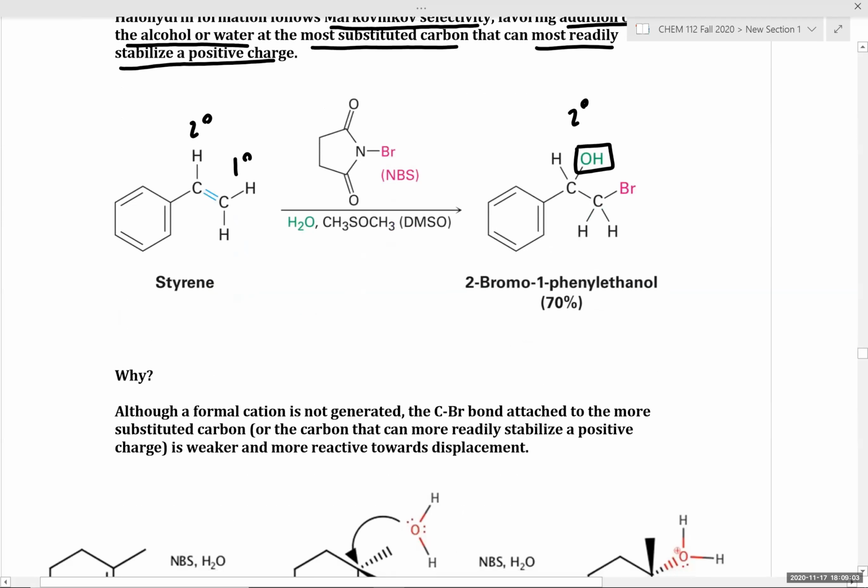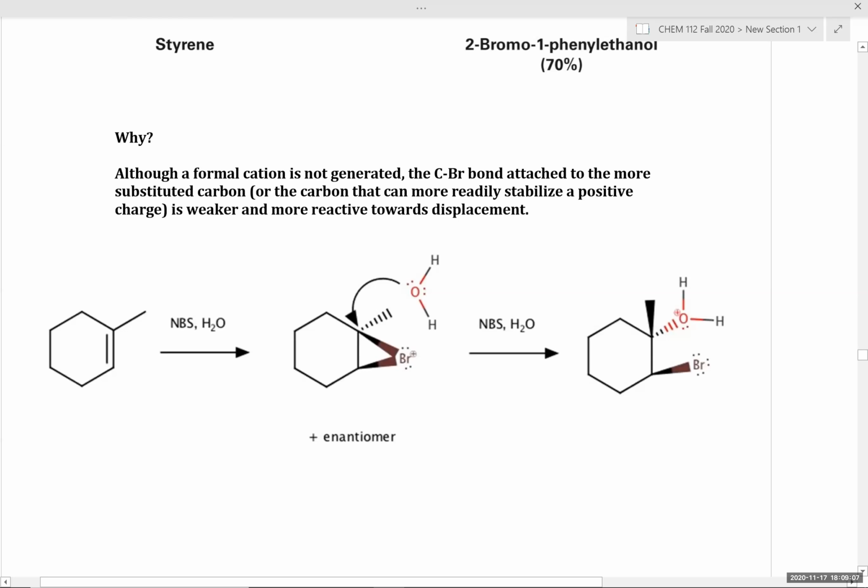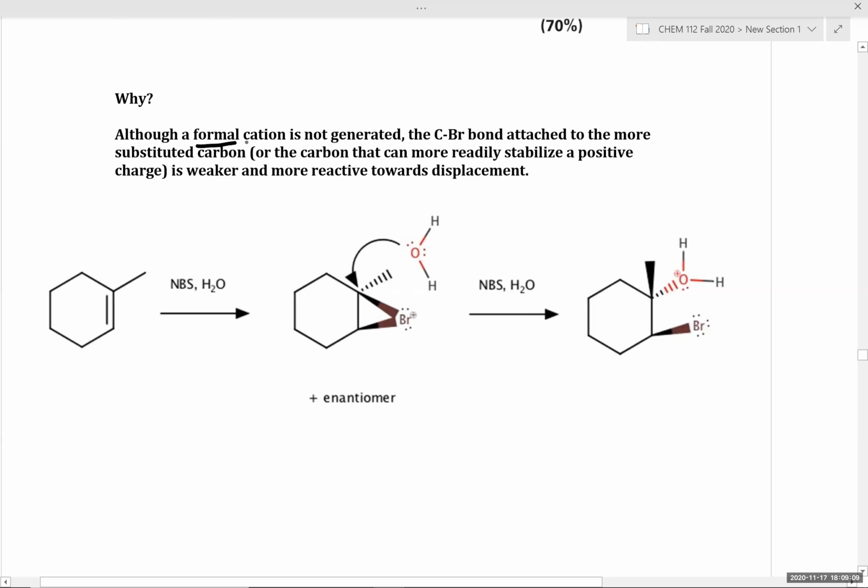Okay, so why is this happening? Well, although a formal cation is not generated, the carbon-bromine bond attached to the more substituted carbon is weaker and more reactive towards displacement.